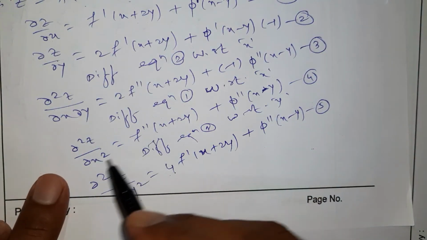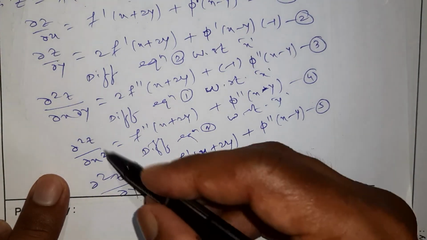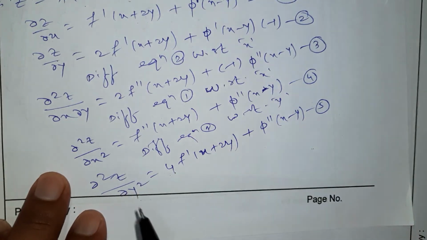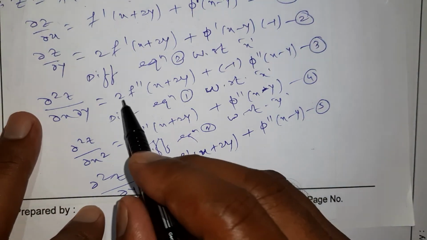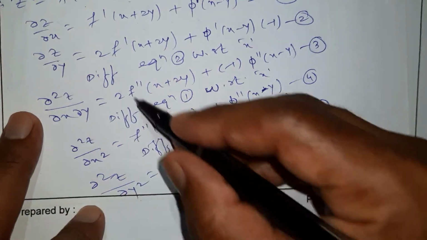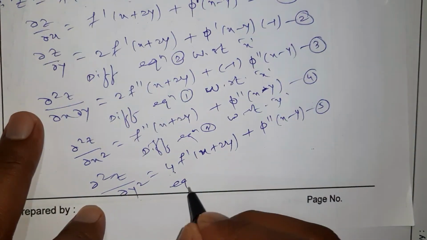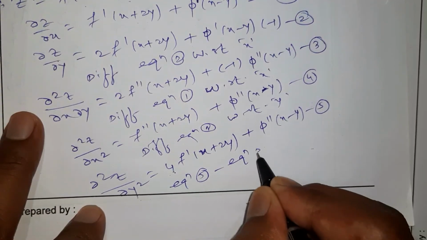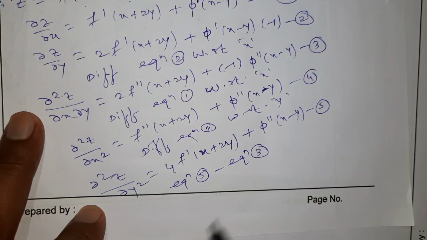So if I multiply equation 4 by 2 and add these two, or 4 is there and 2 is here, right? So subtract these two equations. Equation 5 minus equation 3, what do I get?